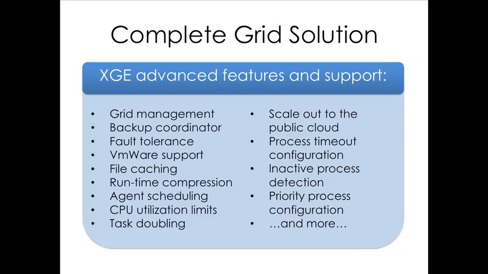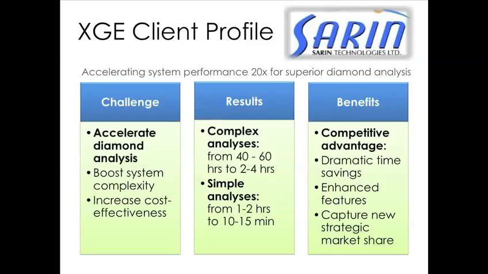We have a lot of features like fault tolerance. We support VMware. You can scale out to the public cloud using this technology. So if you need several hundred more machines, you can just go to Amazon EC2. The only thing you need to install there is our agent, and you're ready to go. And there is a lot of other stuff which I don't want to take time from the presentation with.